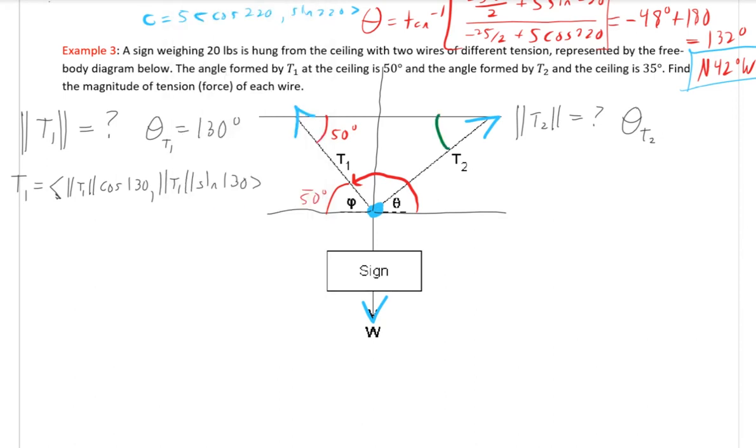So this we defined as a 35 degree angle measure, which means by the vertical angle theorem, this is 35. And that's the only angle measure I need. So then T2 is going to be the magnitude of T2 times cosine of 35, and then the magnitude of T2 times sine of 35.